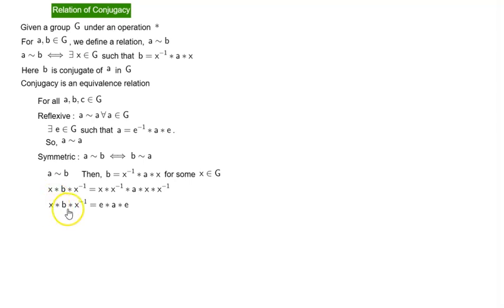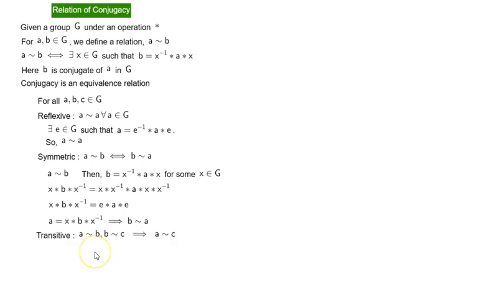So here X times X inverse is E, and again here X times X inverse is E. So which means A is equal to X times B times X inverse, which implies A is a conjugate of B. So we started off by saying B is a conjugate of A, and we ended up with A is a conjugate of B. So that means it is symmetric.